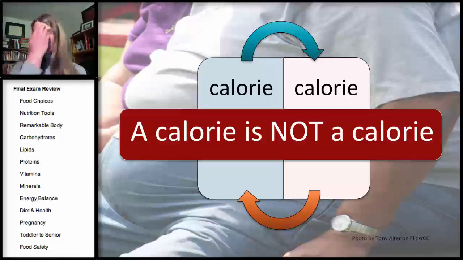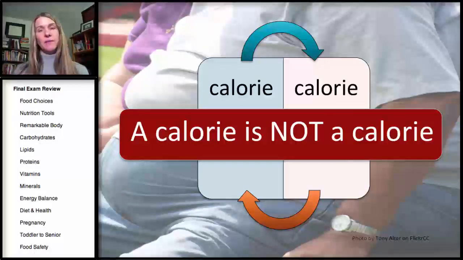Now, I do want to emphasize, and I talked about this before, I won't go into too much detail, but a calorie is not a calorie is not a calorie. And you may have heard it before coming to this class that a calorie is a calorie is a calorie. It doesn't matter, but it really does matter. And what I want you to think about, when you're finishing up with this class, is you're eating a food that those energy-yielding nutrients can break down to give energy.